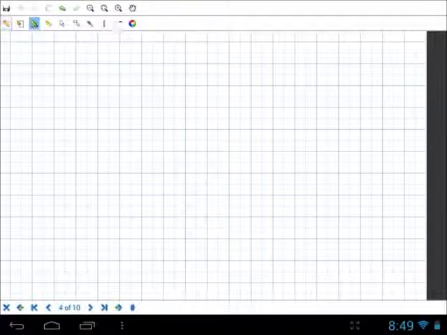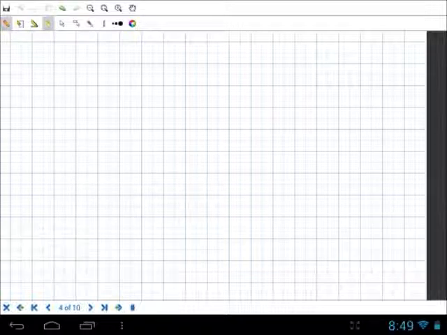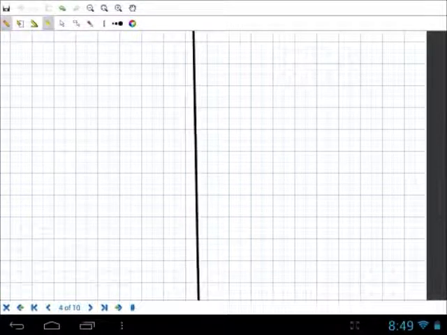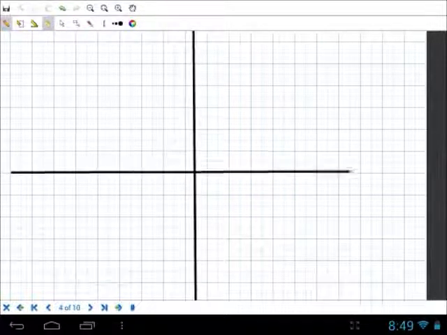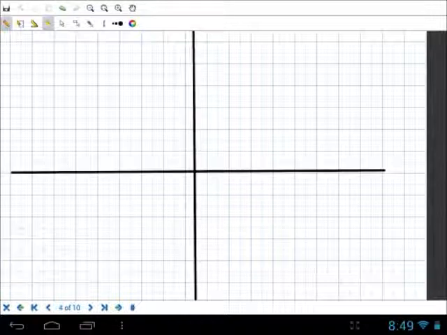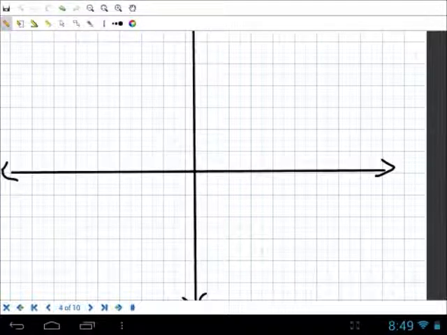And so let's draw another graph here. We'll try to get this a little bit straighter. So we got this line here, and this line here. When I make my graphs, usually what I like to do is at first put arrows at the end of each part.